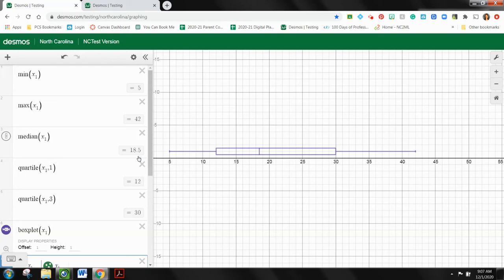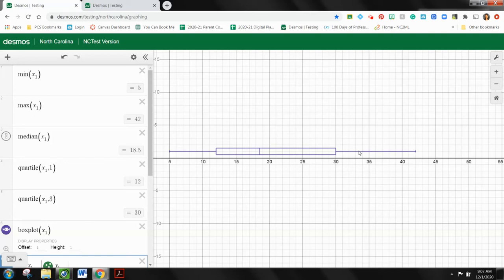So really, I haven't changed anything about the bottom half of this data by taking out 53. But I have changed the maximum because I took out the highest value, which has to change my quartile 3. So now you'll notice the box looks a little bit unevenly distributed. This right side is a little bit bigger, but now the whiskers look a little bit more symmetric than they did before.